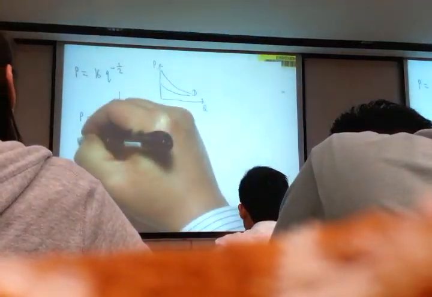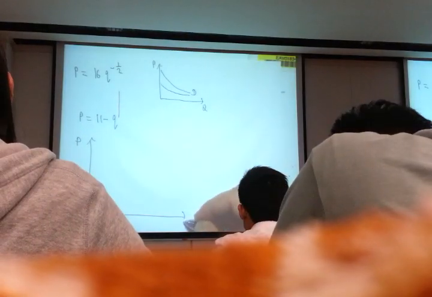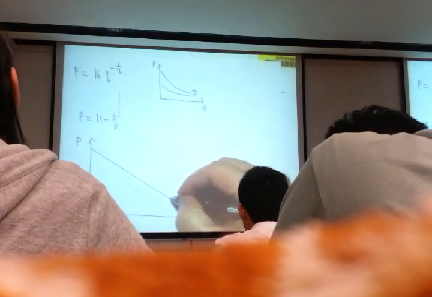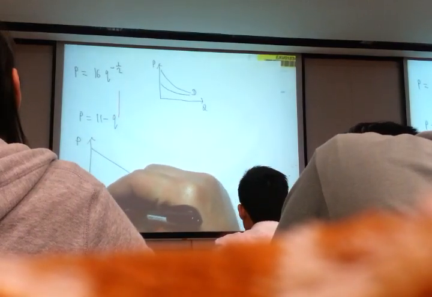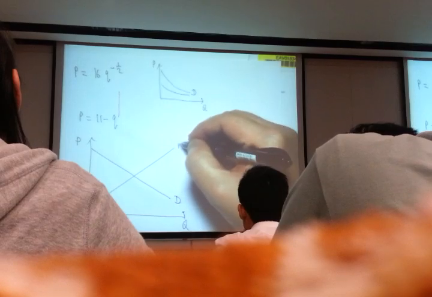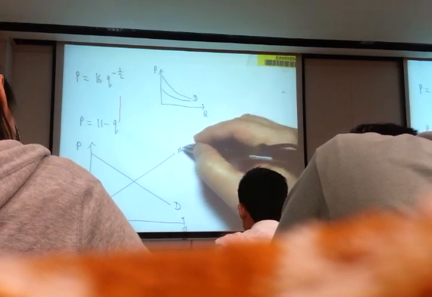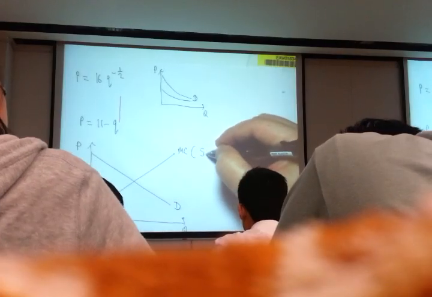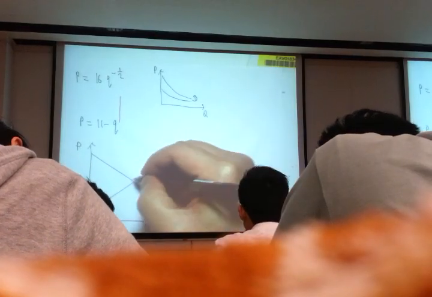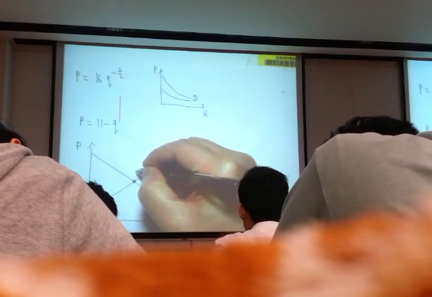As I said before, from the diagram, if it's perfect competition, the marginal cost curve is the supply curve. Right. So the perfectly competitive equilibrium will be here.